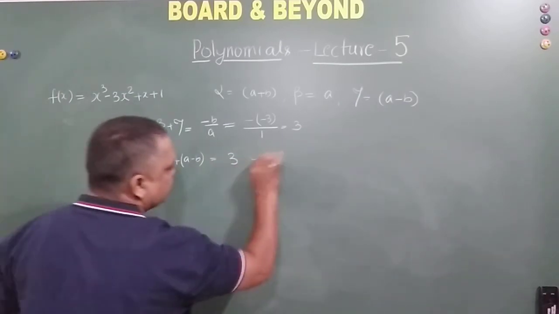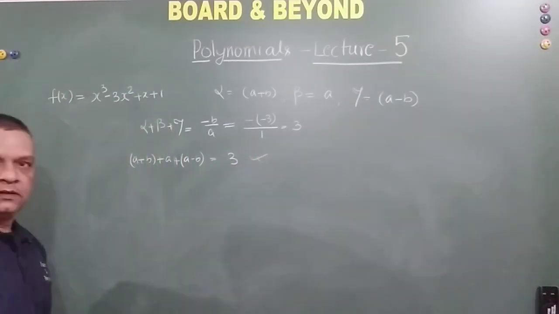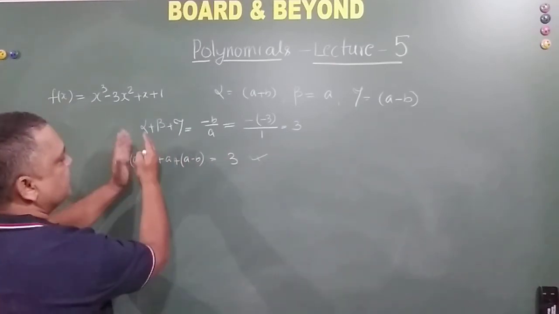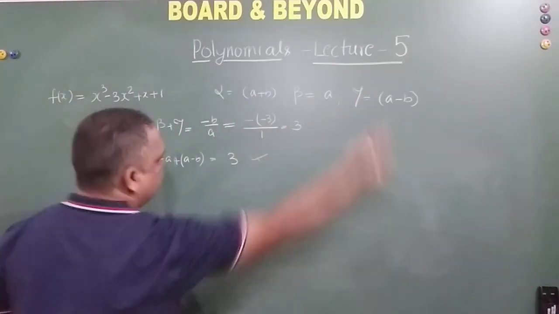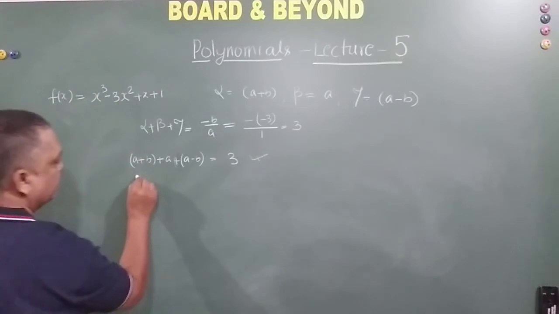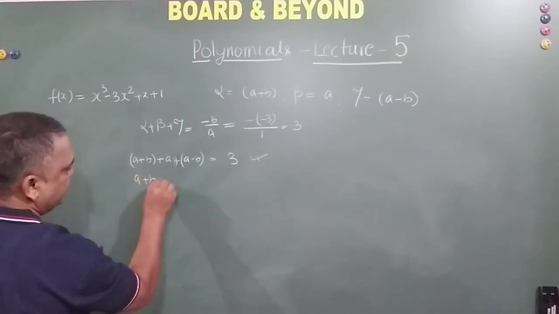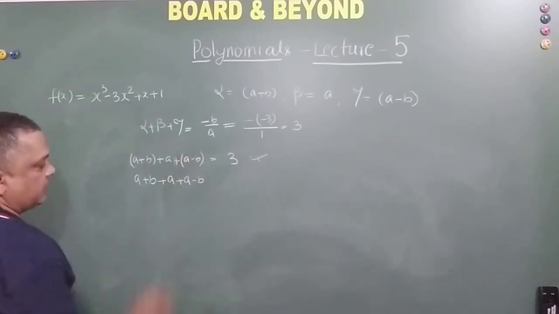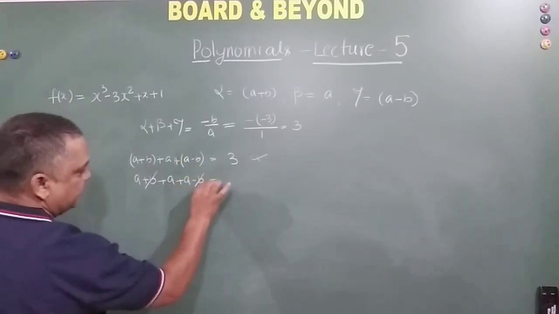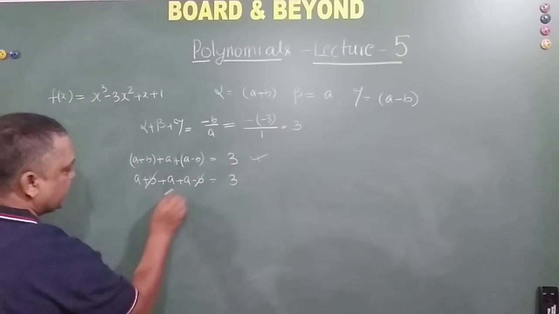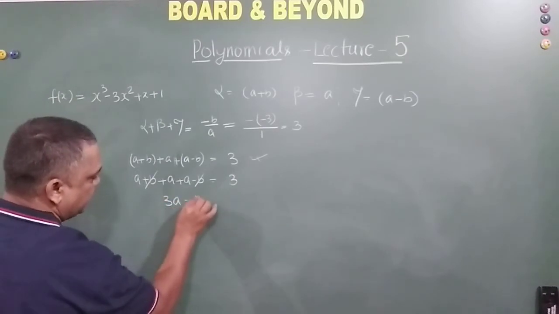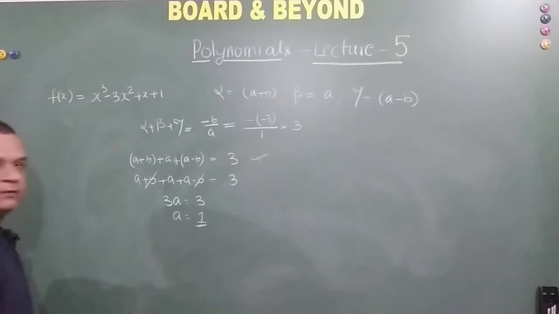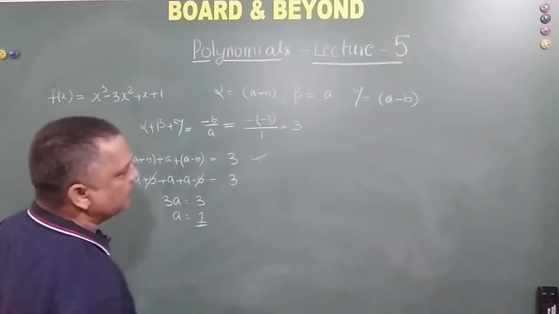Any confusion in this step? I don't think it should happen, because I am just replacing alpha, beta and gamma with the three values I have. So b and b stand cancelled. So this becomes 3a is equal to 3. So a is equal to 1. So we have found out a is equal to 1.